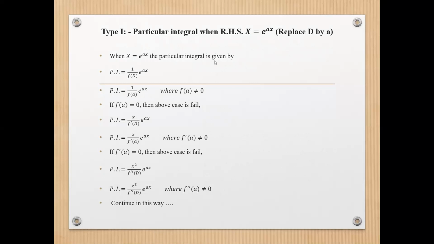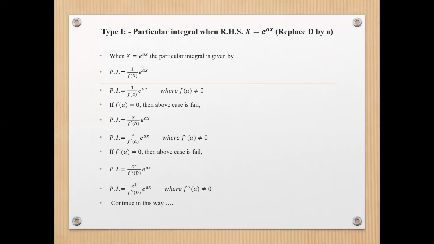A linear differential equation can be written in short form as f of D y is equal to X, and its solution is given by complementary function plus particular integral. We have seen how to find the complementary function. The remaining part is related to the particular integral, and that depends on the right hand side of that linear differential equation.